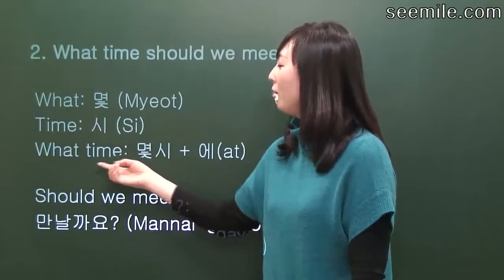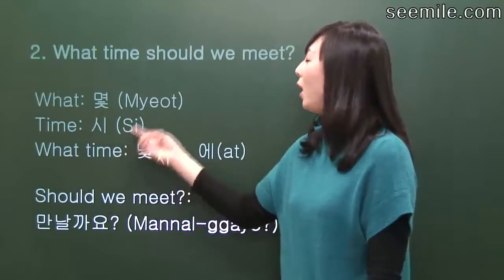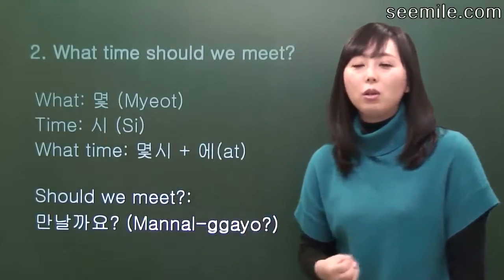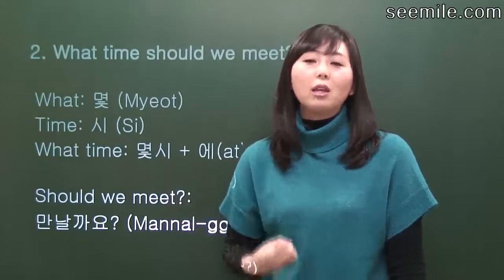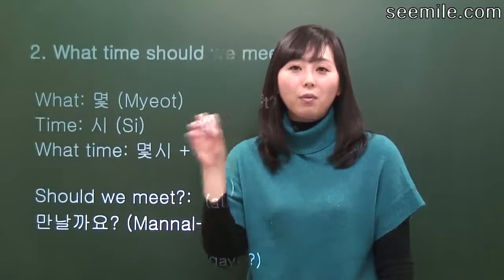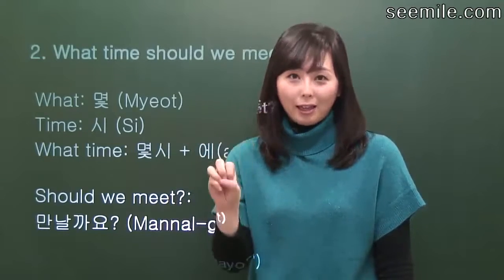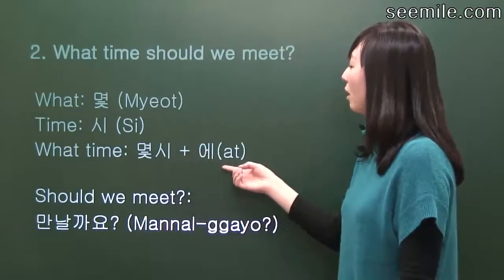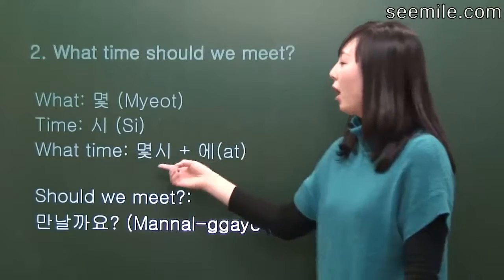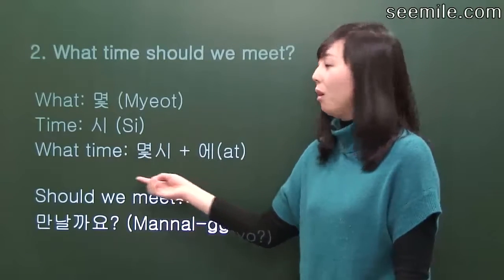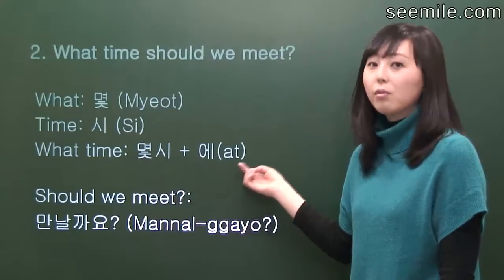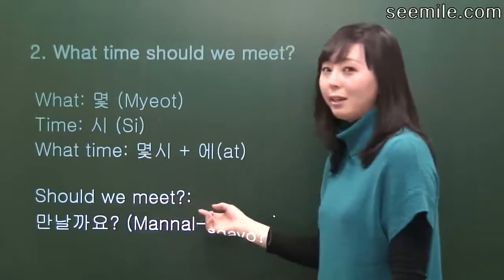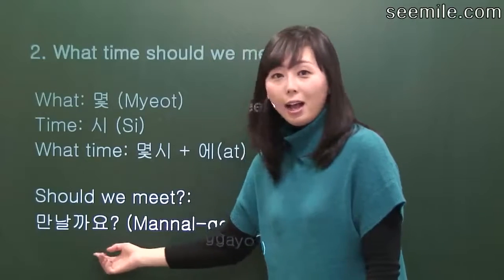Then what time means 몇 시. However, like in English, when you're talking about time, I'm gonna see my parents at 3 o'clock. At, before time, you put at. Likewise, in Korean, you need time particle after time here. So 몇 시에. Are you guys following me? Good. And should we meet? 만날까요?